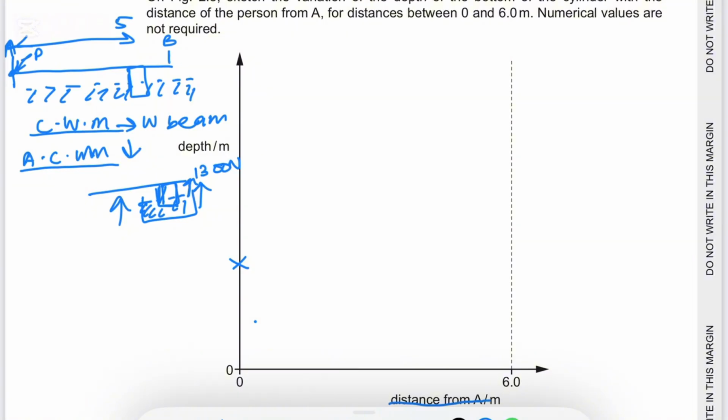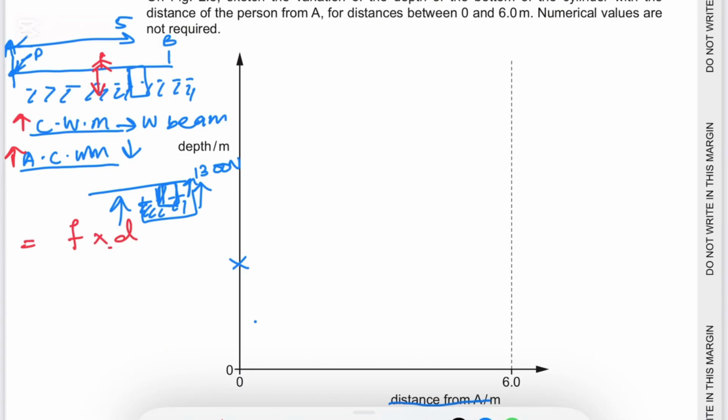Moving forward, when the person moves away from A and closer to B, let's say he's somewhere around here now. This will result in his weight causing clockwise moment. So now the sum of clockwise moment will have increased, and once again, to maintain the beam in equilibrium, the anti-clockwise moment must also increase, and that is equal to the force from the cylinder on the beam times the distance.